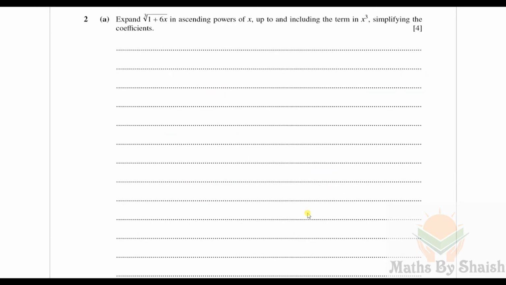Here's the second question, A part. Expand this in ascending powers of x up to and including the term in x cube. Simplify the coefficient. So we know the expansion of (1 + a) to the power n as 1 plus na plus n(n minus 1) over 2 factorial times a squared plus n(n minus 1)(n minus 2) over 3 factorial a cube, and so on.